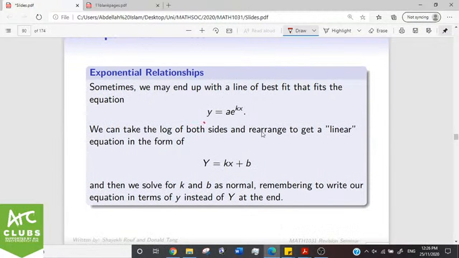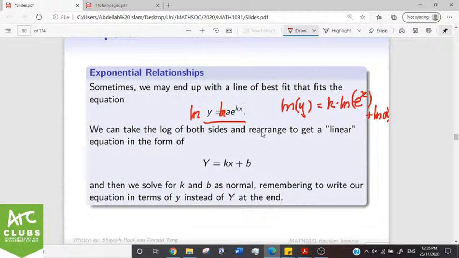So when we have y equals a times e to the kx, what we do is we take the natural log of both sides, and what we get is ln y equals k times ln of e to the x plus log of a.